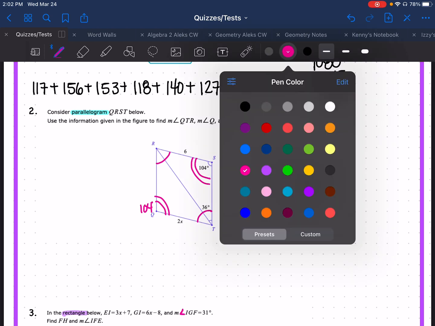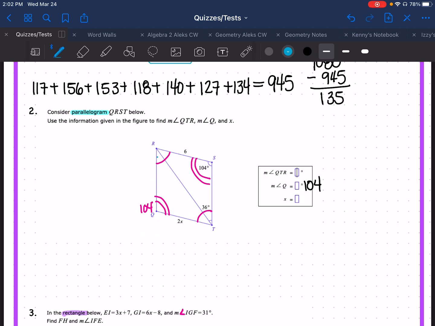So I know, let me grab a different color, that this part of angle R is the same as this part of angle T. And notice right here, they have asked me to find angle QTR. Q to T to R. Oh, okay.